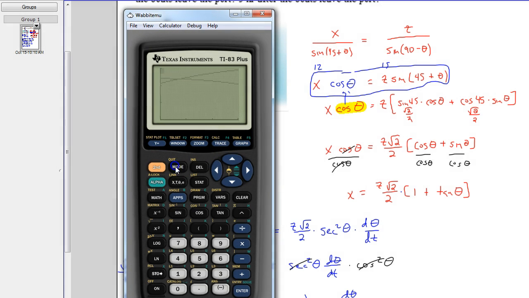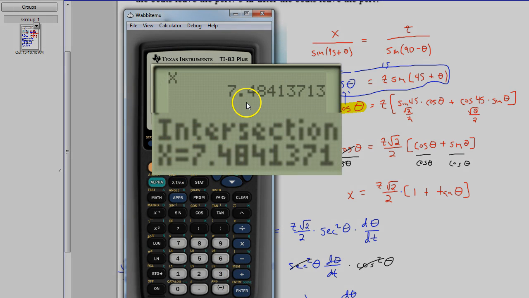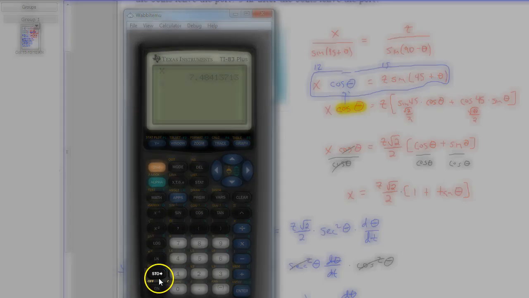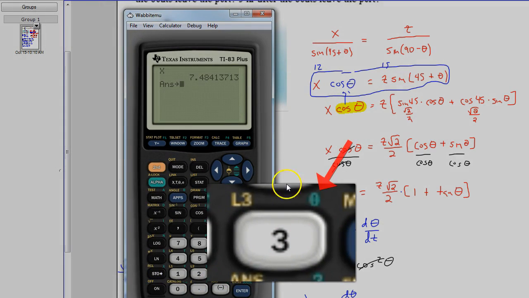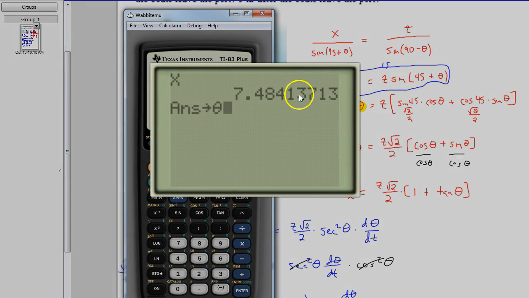If I hit second mode to quit, and I just hit x, that's stored as x, right? The angle. Now, just to make it less confusing, because we already got an x, I'm going to hit STO, that's store. And then if you look here above the 3 key, there's a theta. I'm going to press alpha 3, the green theta, and I'm going to store that number as theta.